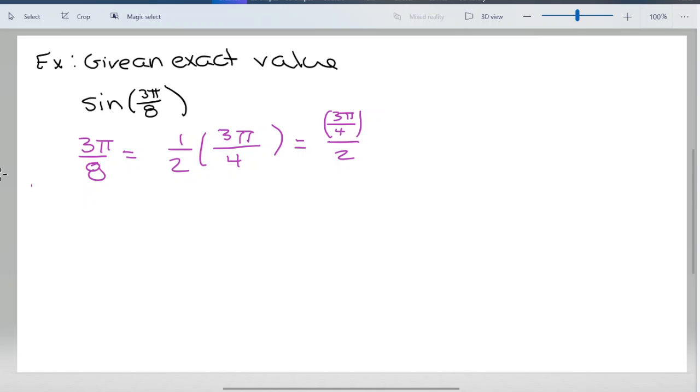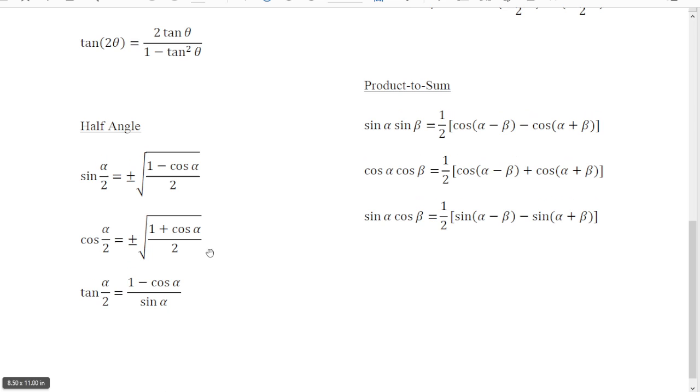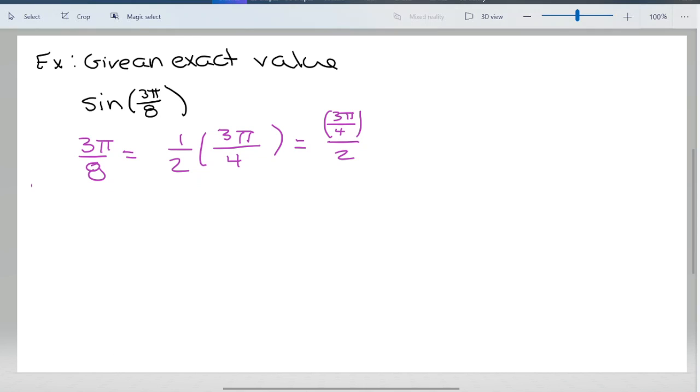If we look at our half angle formula, we can see that in this example, our alpha is going to be 3 pi over 4. So sine of 3 pi over 8 is the same as sine of 3 pi over 4 over 2.